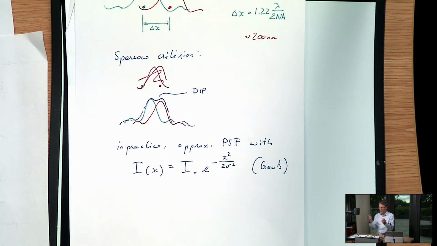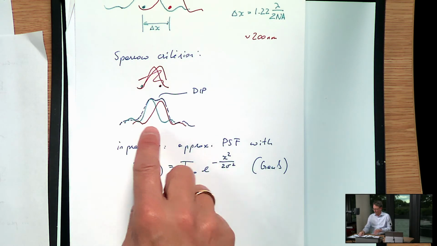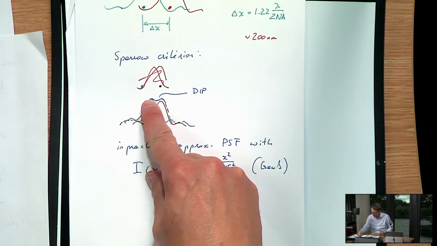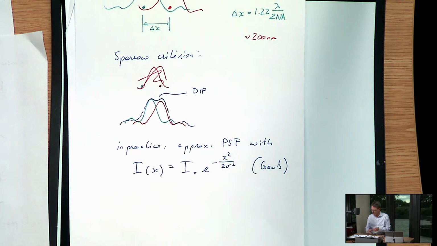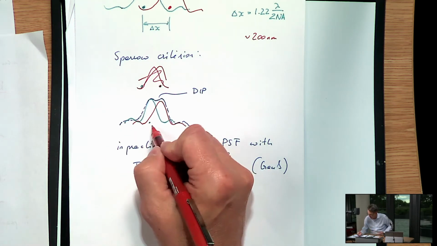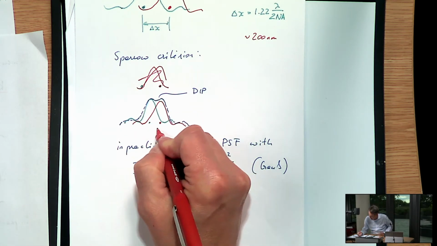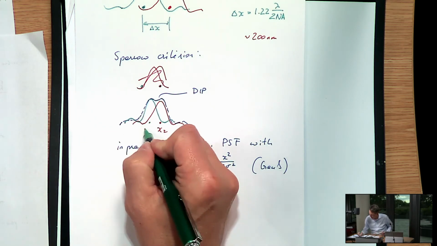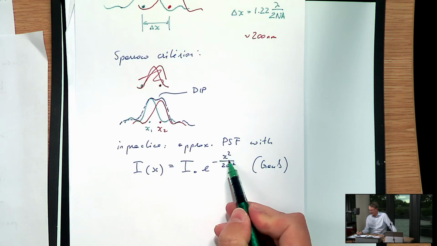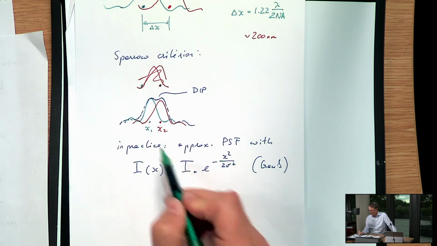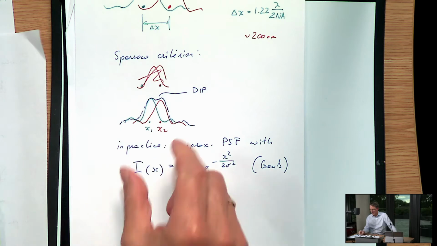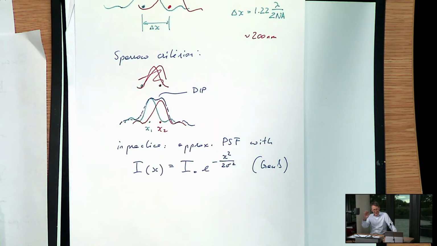If we want to resolve two molecules optically, we need to make sure that the sum of the two Gaussians, one sitting at x1 and the other at x2, has a dip in the middle. Otherwise you cannot see that. You will do an exercise on that to see whether in practice you could resolve this.